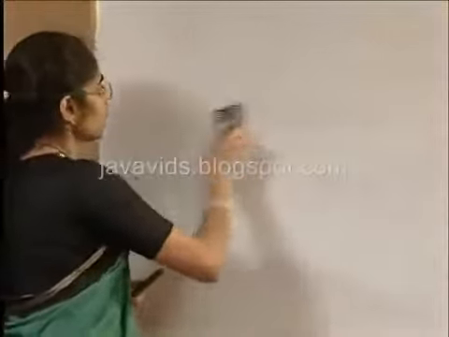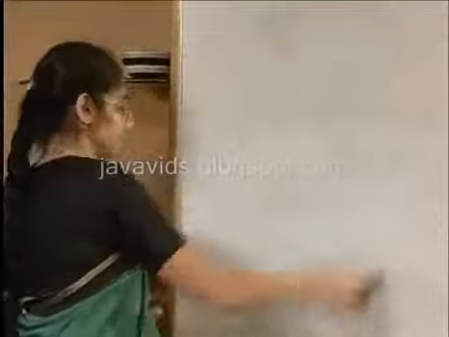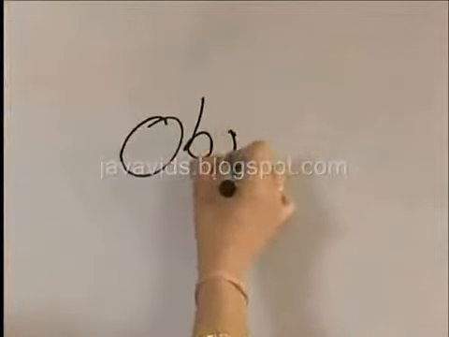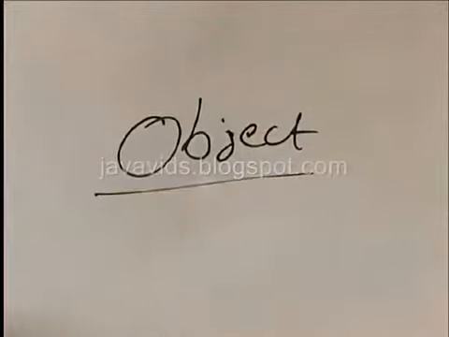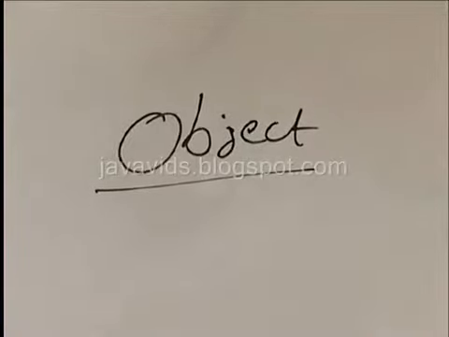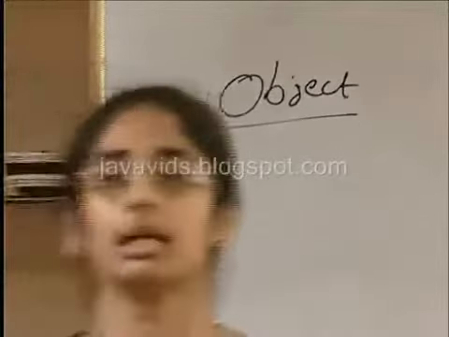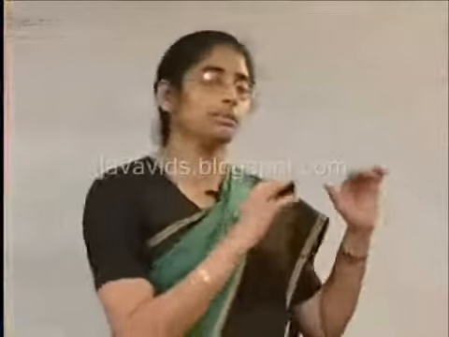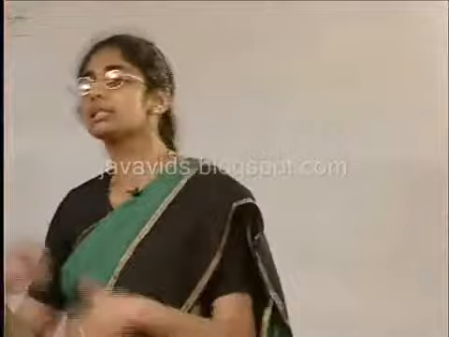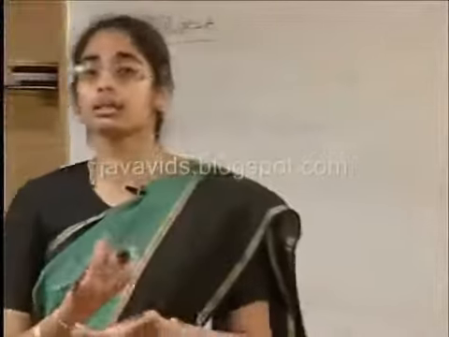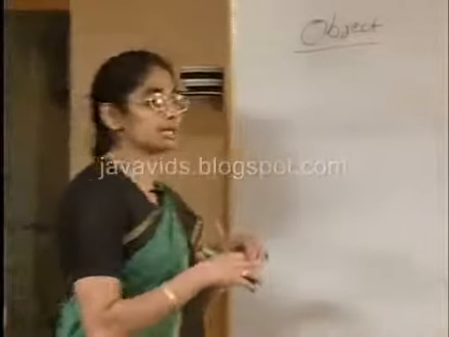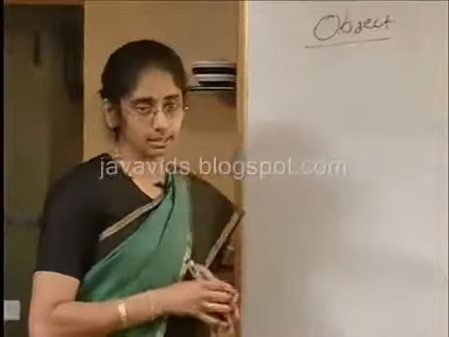Now let's take a look at some of the classes in this lang package, starting with the class called Object. Object is the root class for all the classes. Any class that you talk about, be it the predefined Java API classes or the classes that you are defining, the parent-most class is the Object class.